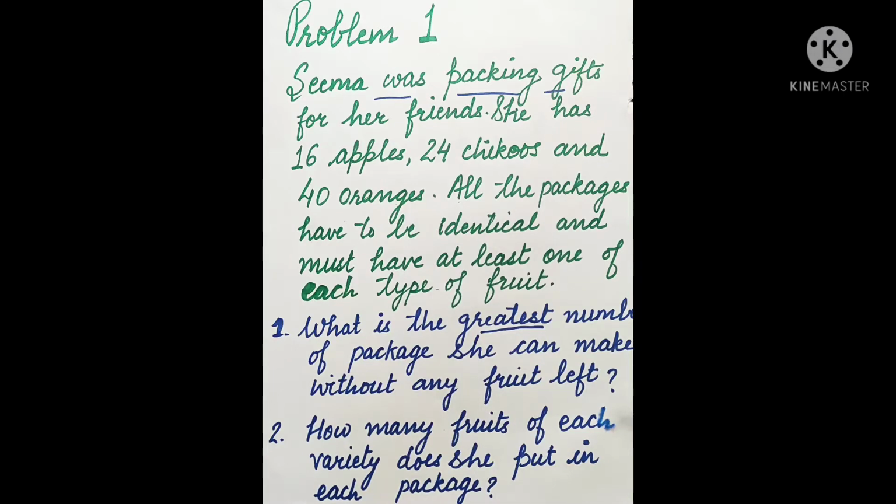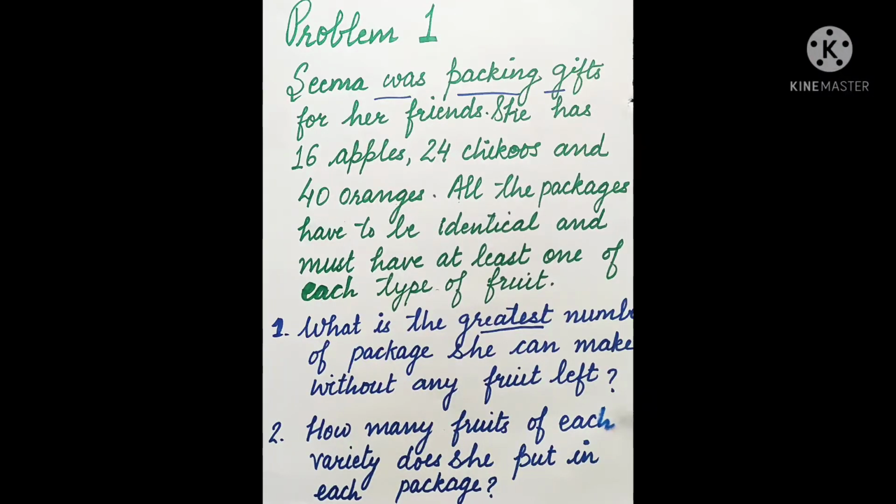All the packages have to be identical and must have at least one of each type of fruit. Now the question is, what is the greatest number of packages she can make without any fruit left? And the second part is, how many fruit of each variety does she put in the package?